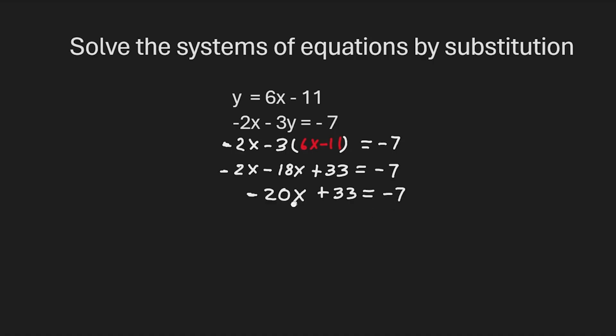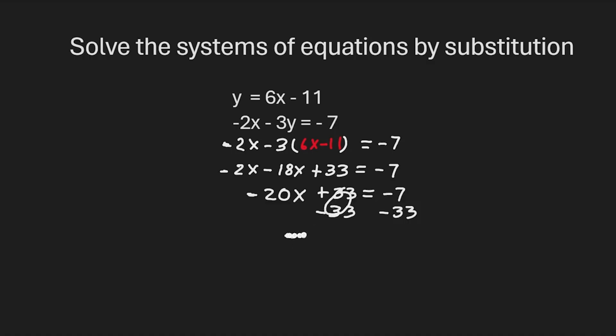Solving for x, it means that I have to get rid of this 33 by doing the opposite. I'm going to be subtracting 33 and do the same thing on the other side. Now, adding positive and negative 33, this is going to cancel, it's going to be 0.